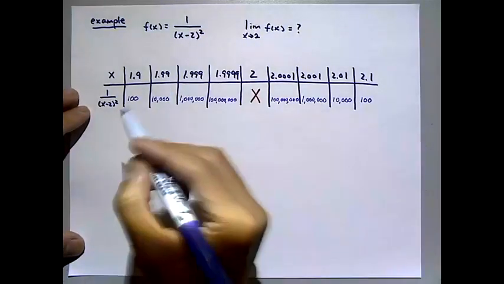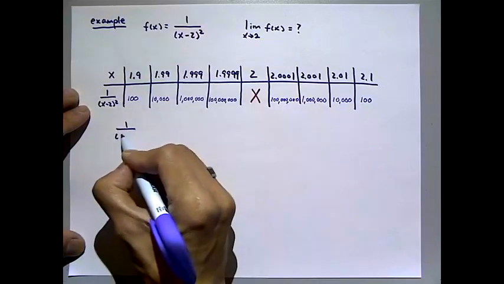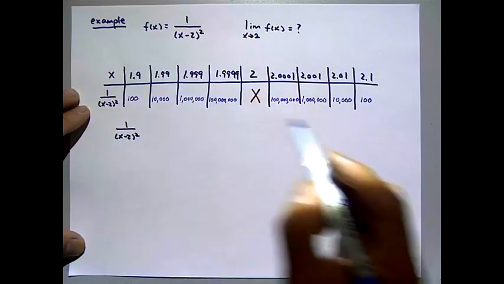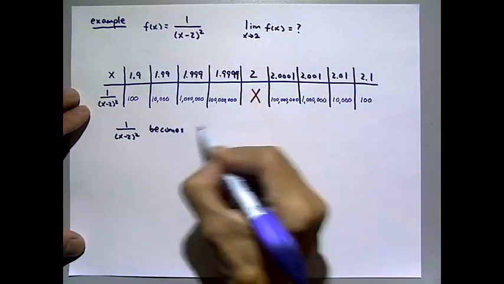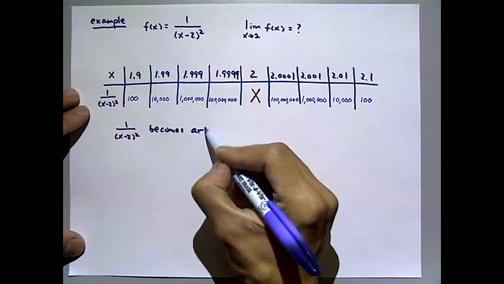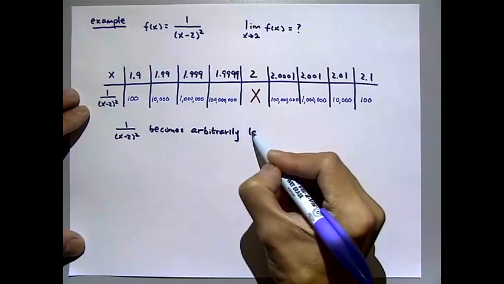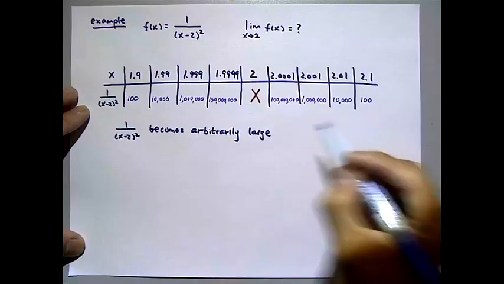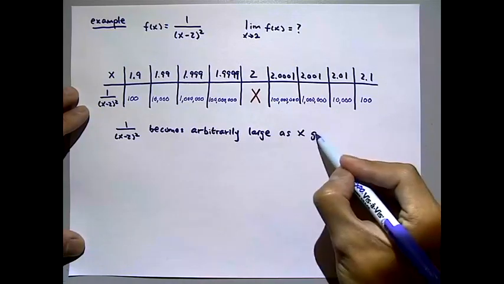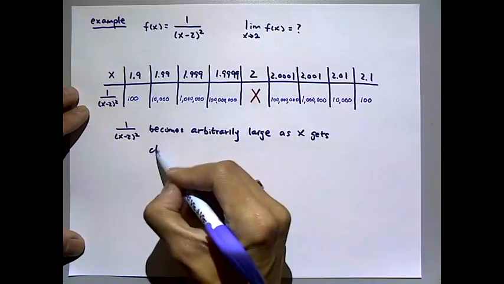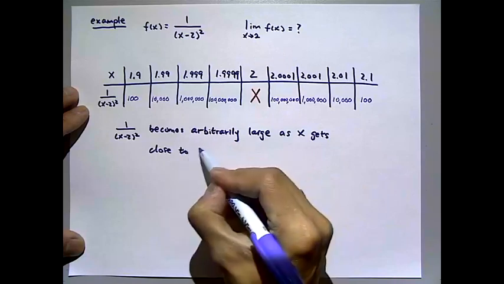So we can say here, I'll write down what I just said. This function becomes arbitrarily large as x gets close to 2.